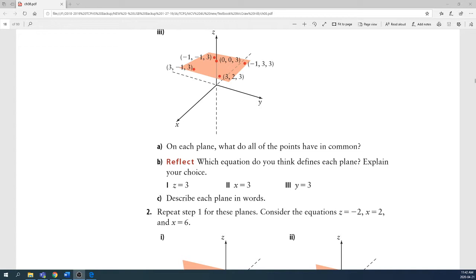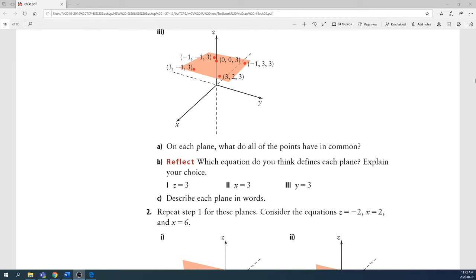Then part B, reflect: which equation do you think defines each plane? Well, we just went over that in the first part. X is equal to 3 most likely points to a plane where all the x values are 3 and the y and z values can be different. Y is equal to 3 is a plane where all the y values have to be 3 and the x and z values are different.